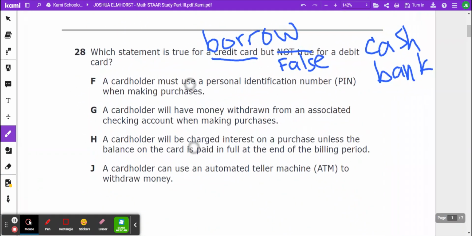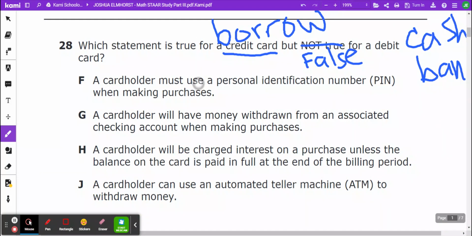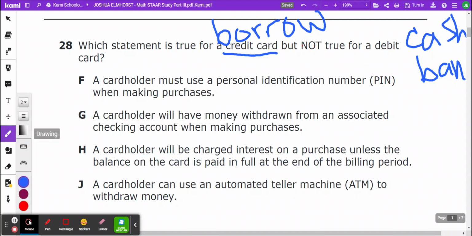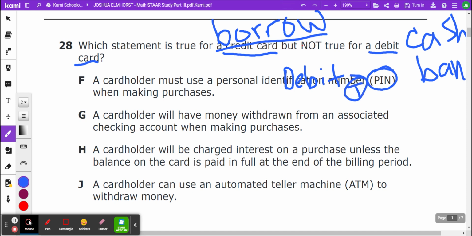So which statement is true for a credit card, but would be false about a debit card? A credit card is money borrowed and debit is cash from a bank account. Okay, so which statement is true for a credit card but not true for a debit card? So this is true for a debit card. That is true. You need a PIN number.